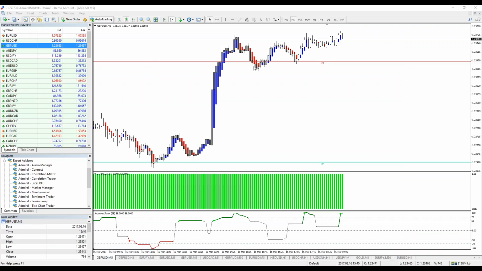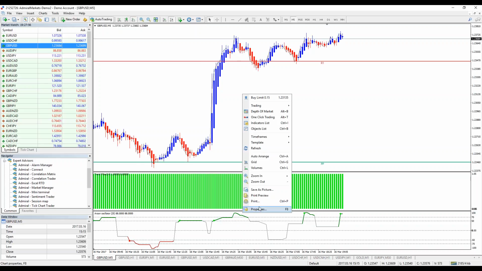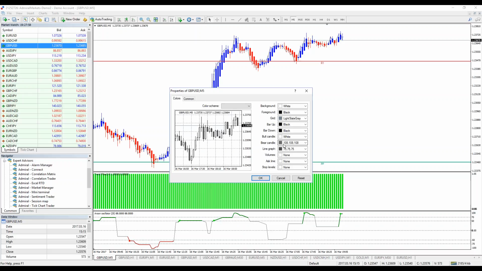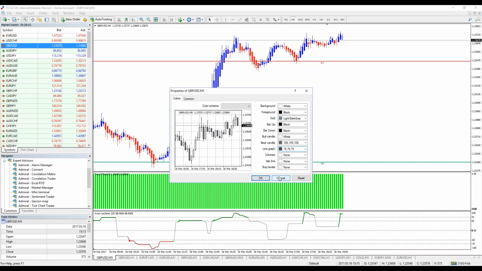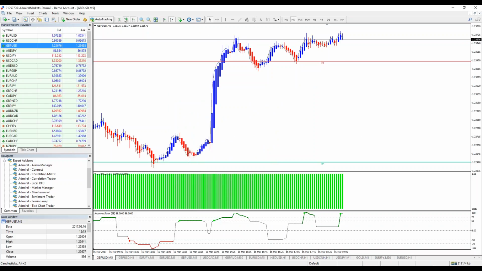You can leave them as they are to see the complete candle, or if you don't want to see it, you can switch to line chart, right-click properties, and on line graph set it to none, and you won't be seeing this line here. Just for this occasion, I will use normal candlesticks, and I will show you the possible volatility-based concept.